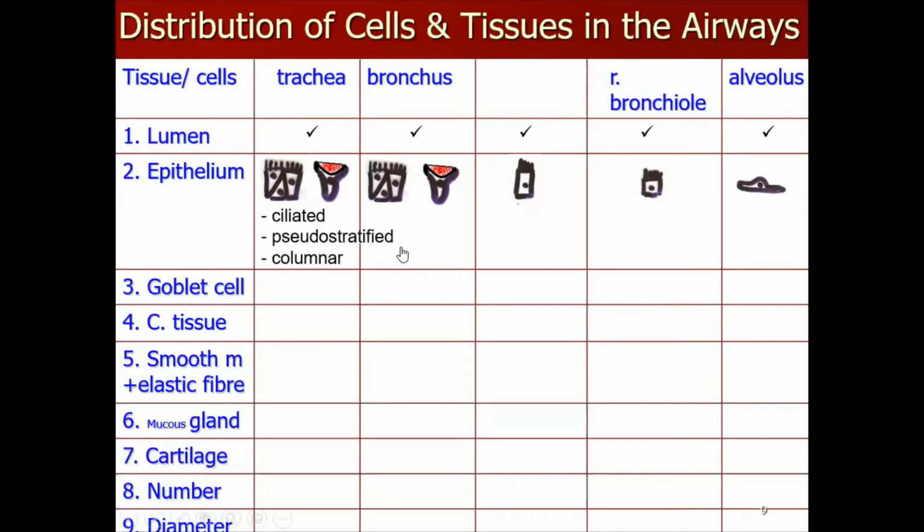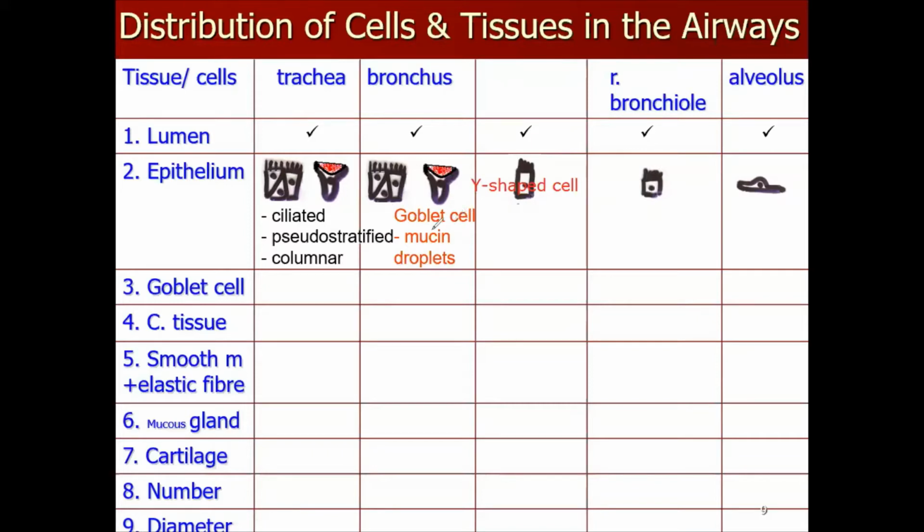Okay, so what else do we have? You see this special cell here, which I have not mentioned at all, is called the goblet cell. This cell is Y-shaped, right? So what is the function of the goblet cell?